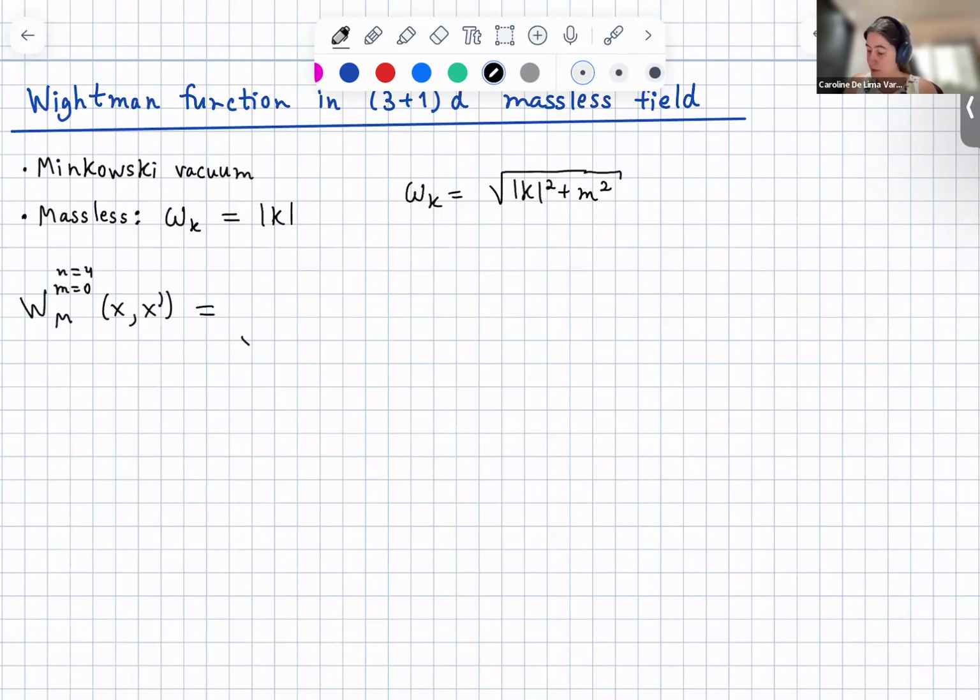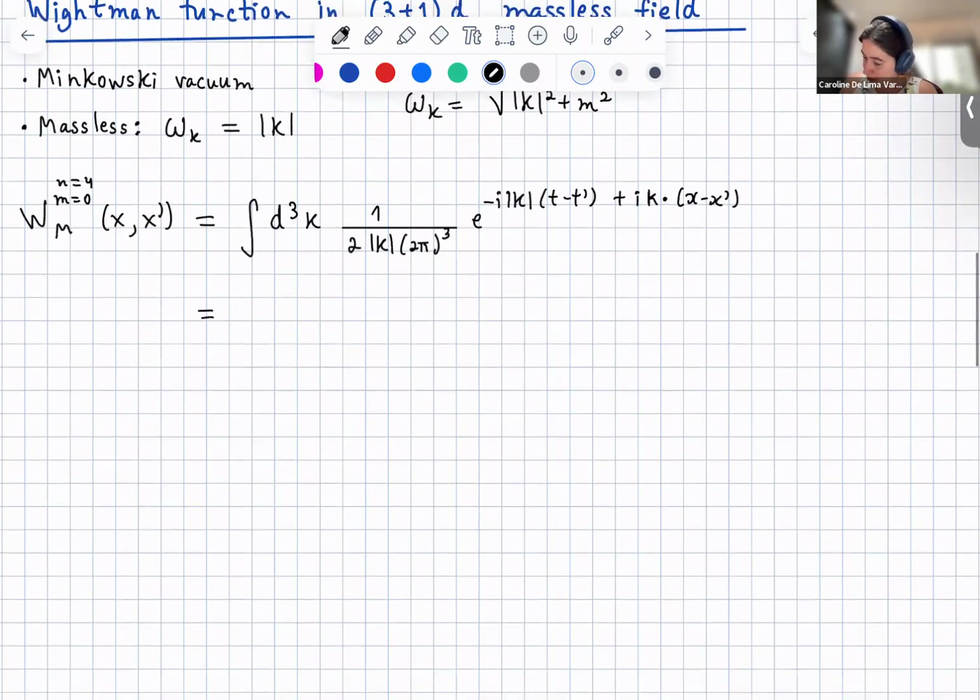So we have this integral over d^3k, and then the prefactor, which was 1 over 2 norm of k times (2 pi) cubed, and now we have e to the minus i k times (t minus t prime) plus i k scalar product with (x minus x prime), right?